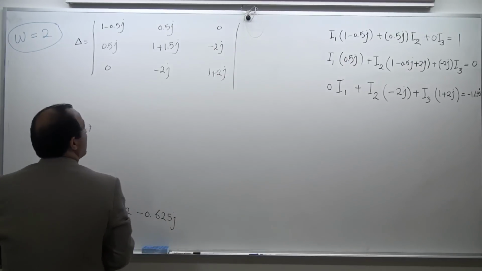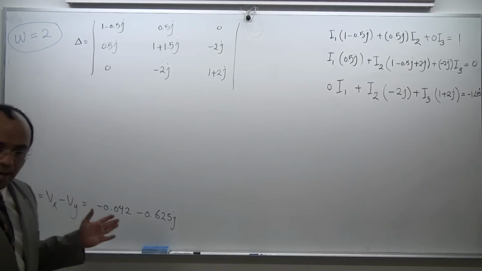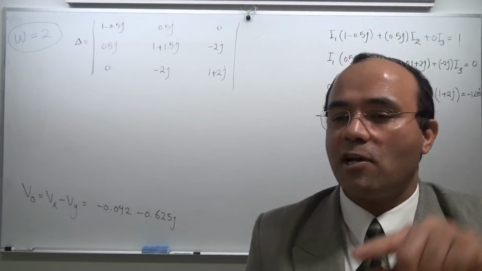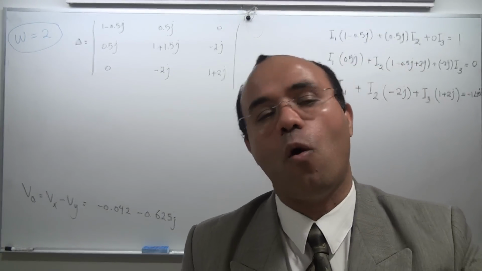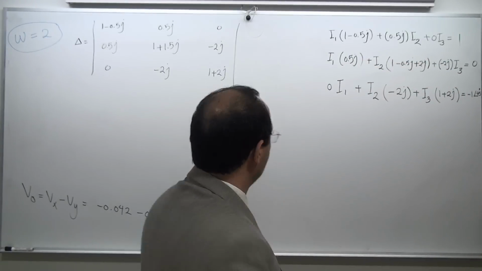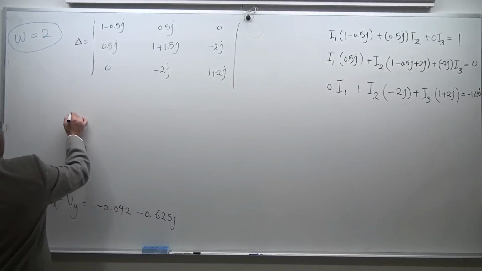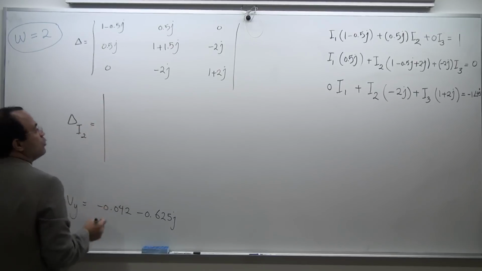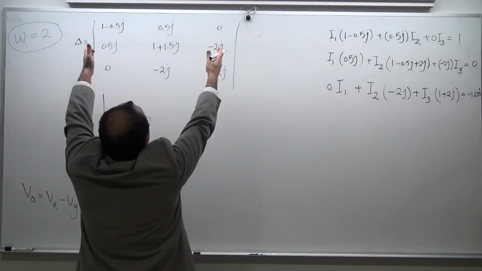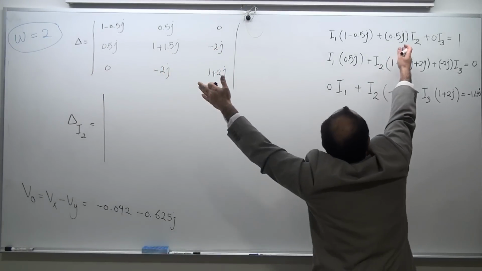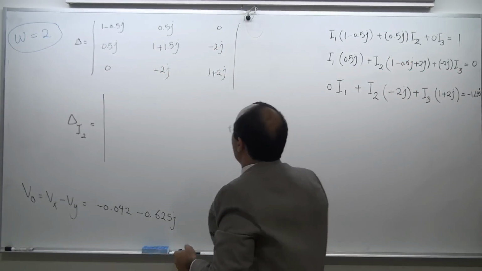Okay. Now, as I said, looking at that design, which I just erased, the voltage across the 1 ohm would be 1 ohm times the current that goes in, and I only need to find I2. So all I need is delta I2. Delta I2 requires me to copy the system determinant here, except that the column that represents I2 is replaced with the right-hand side.